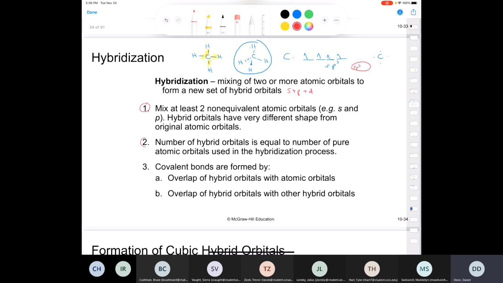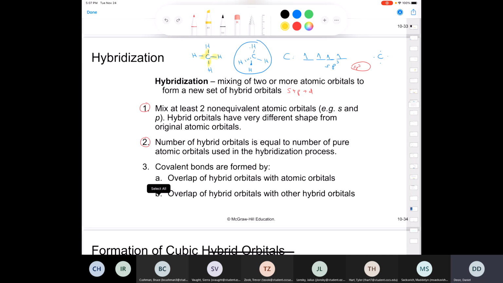Second point is that the number of hybrid orbitals is equal to the number of pure atomic orbitals used in the hybridization process, right? You see that we have 1, 2, 3, 4 sp3 orbitals, but in order to make those 4 sp3 orbitals, I had to use 1s and 3p. So the sum of the number of atomic orbitals, 1s plus 3p, is a total of 4 atomic orbitals.